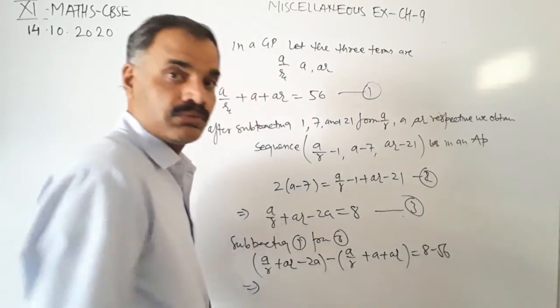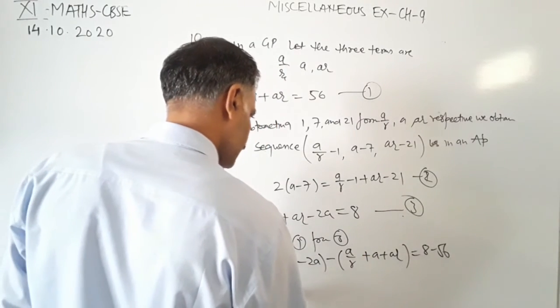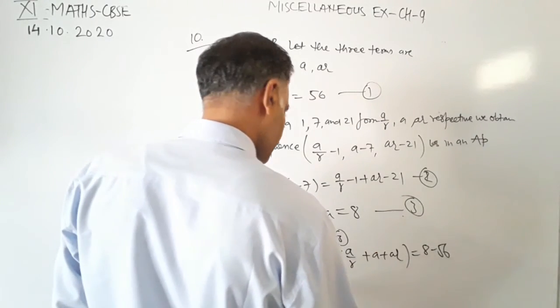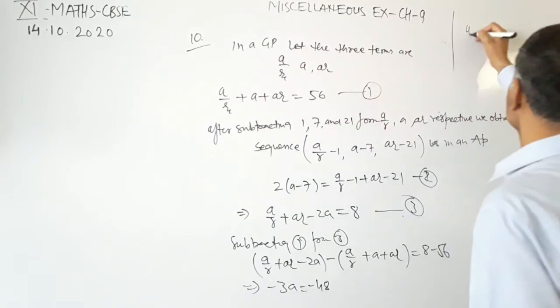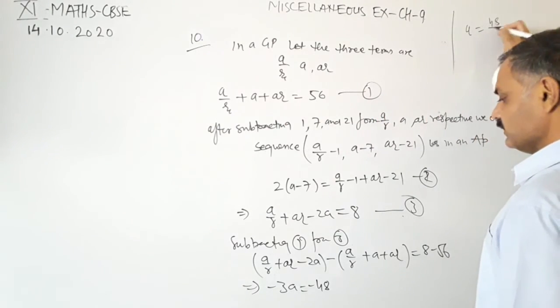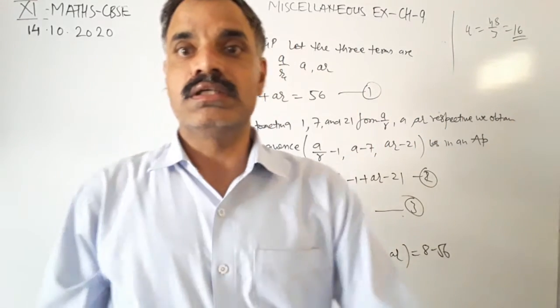So this is equal to minus 3A is equal to minus 48. So A is equal to 48 upon 3, that is 16. So A equals 16.